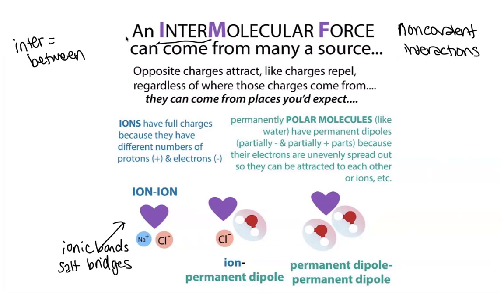We can have a permanent dipole. An example of this would be our hydrogen bonds that we just talked about. Those water molecules are always going to have that dipole, and so they're always going to be able to form these interactions. We also said that water can form interactions with full charges. So you can get an ion-permanent dipole interaction where, say, if you dissolved a salt in water, now those water molecules are going to hang out with that salt ion.